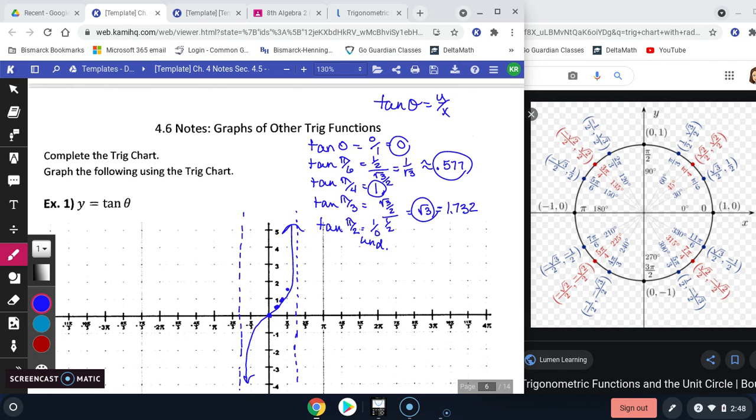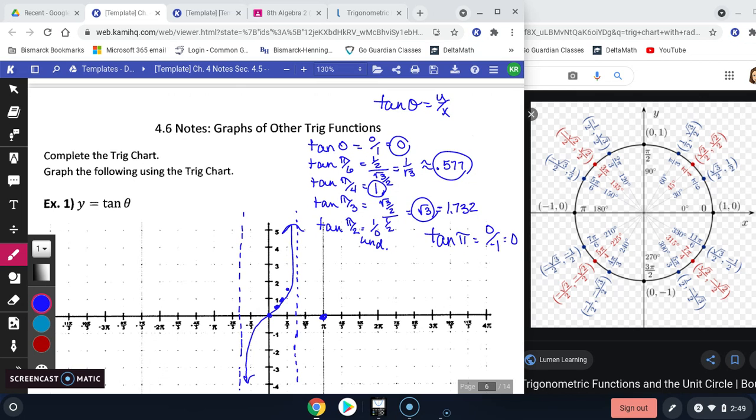Another point of interest would be at pi. If you look at pi, the ordered pair is -1, 0. So for tangent, the y value divided by the x value is 0 divided by -1, which is 0. So at pi, tangent's at 0 again.